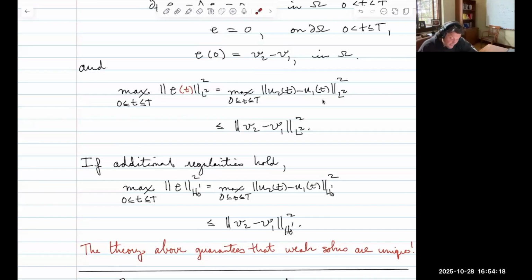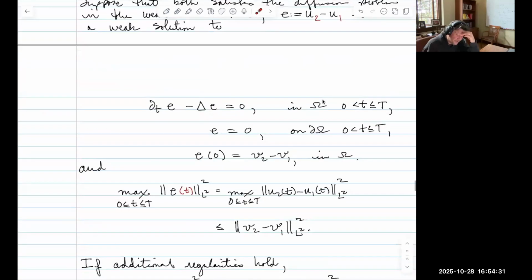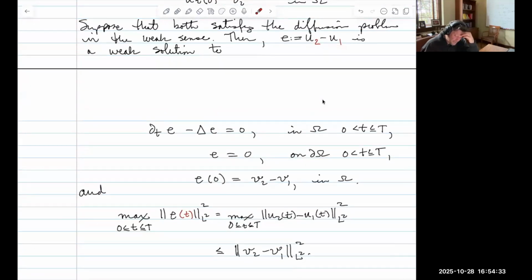That means that if the distance between these two functions, V1 and V2, is really small, then this difference in solutions must also be small, right? If this is small, then that smallness has to show that this is small. Okay, so that's what we call continuous dependence.